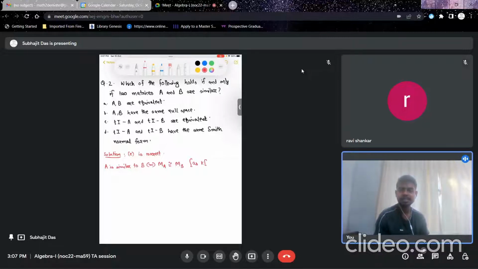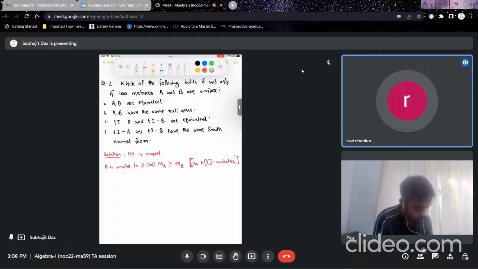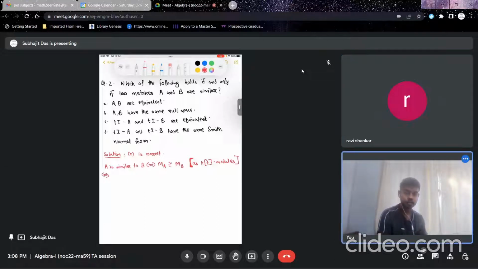Suppose the matrices are taken over a field K. This you have seen this week in the session.